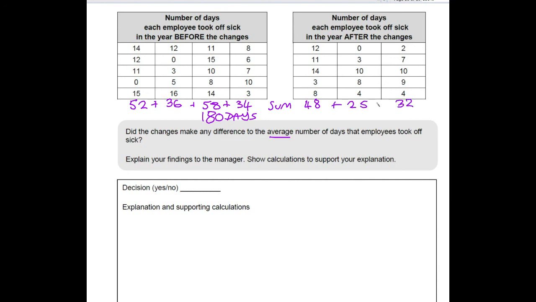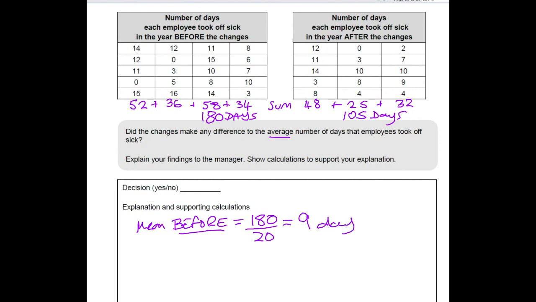Let's do the other columns. And then add the total number of days taken after the change. Now we've already been given a warning that there are a different number of amounts of data, so let's calculate the mean for each. So the mean before the change is 180 days divided by 5 by 4, 20 sets of information.